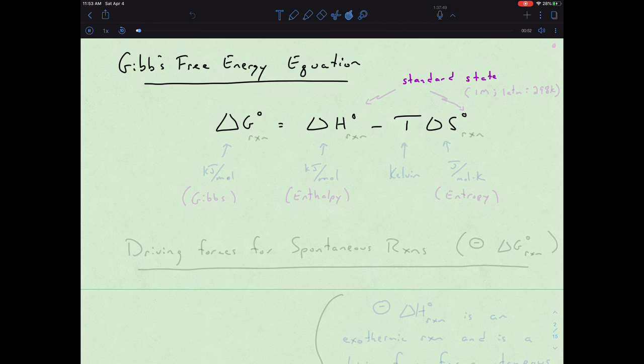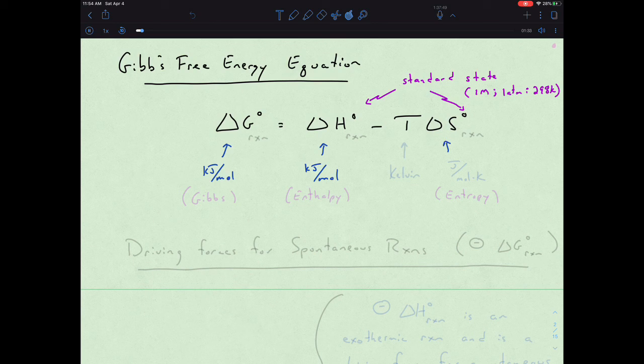We see that with these superscript zeros. And remember that this talks about 1 molar solutions, 1 atmosphere, 298 Kelvin. We tend to go to tables for these types of values. And remember, our delta G here likes to be in terms of kilojoules per mole, as well as our delta H.